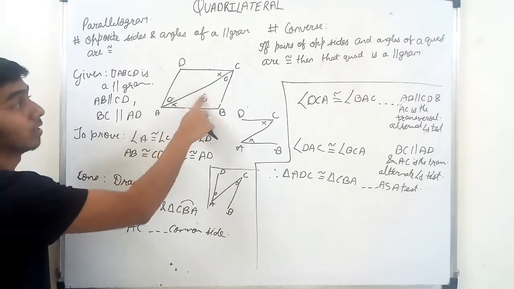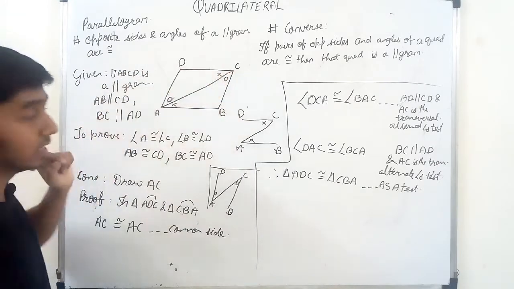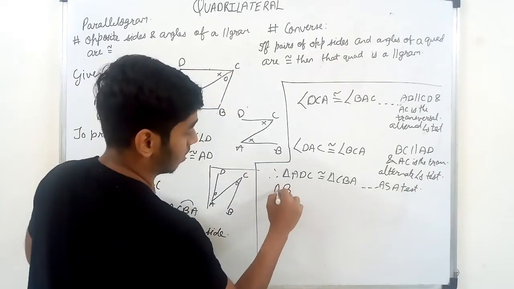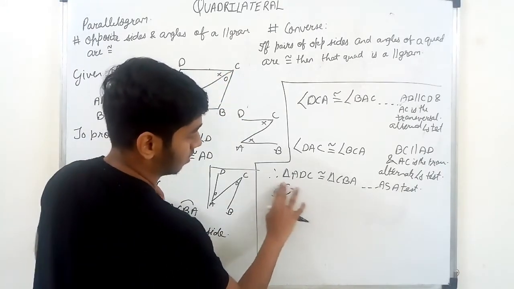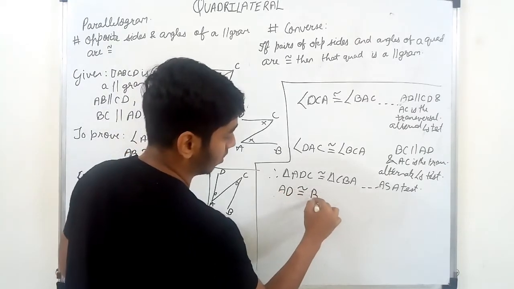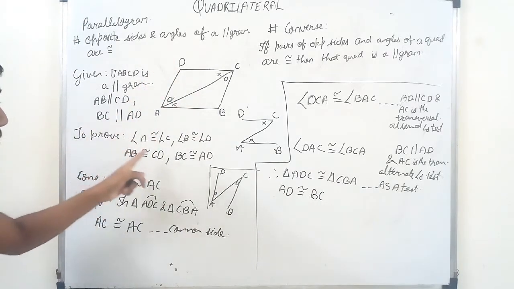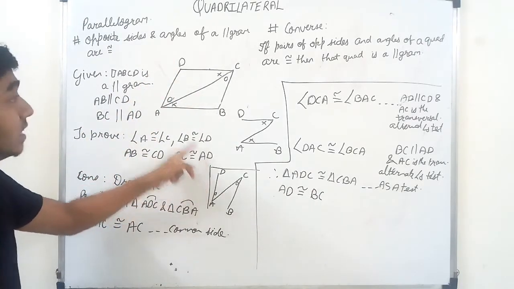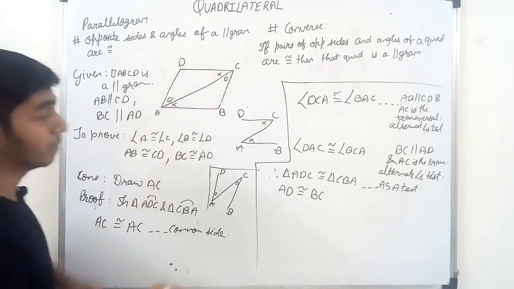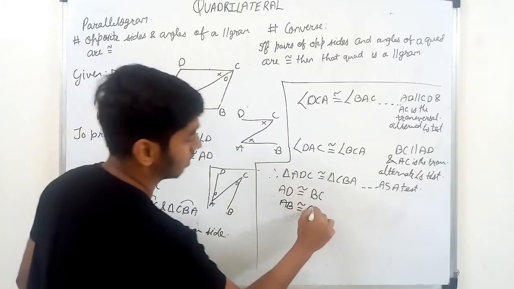Yes or no? So here, can we say that AD is congruent to BC? That's what we need to prove, right? AD congruent to BC, and CD congruent to AB, or AB congruent to CD.